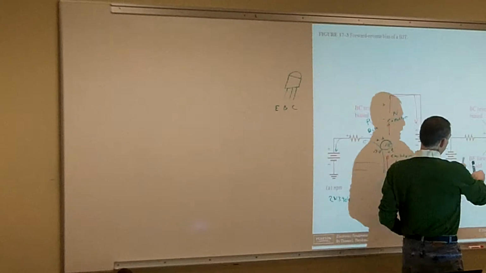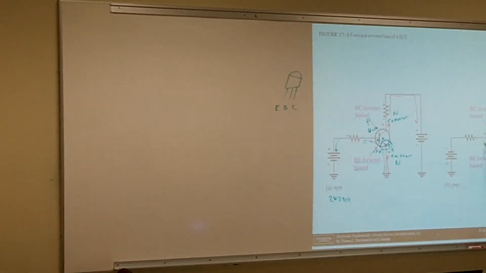Then it's the same thing with the PNP. The only difference is that now our collector is going to be our P junction, our base is going to be our N junction, and our emitter is going to be our P junction.